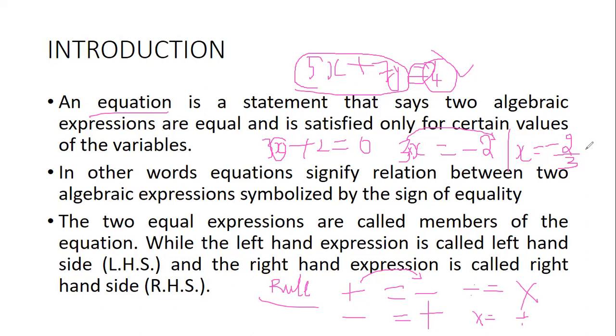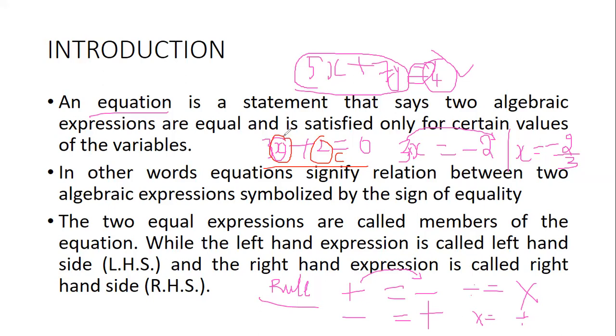This is how you solve a single variable problem. Now, what is a single variable problem? If you observe this equation, you only have x, and this 2 is called a constant. If it's a number, it is called a constant.